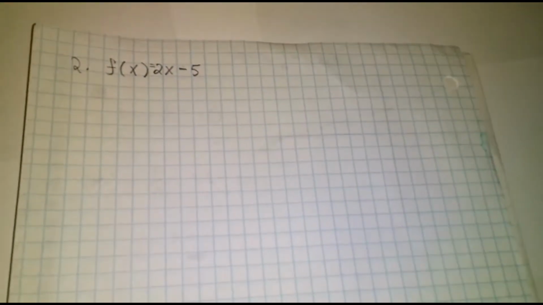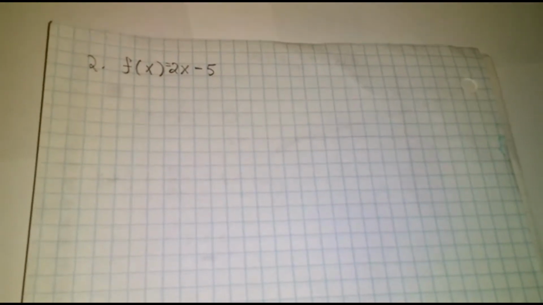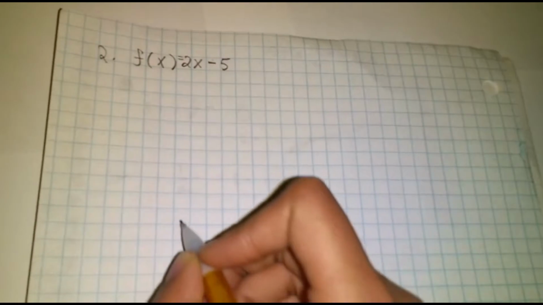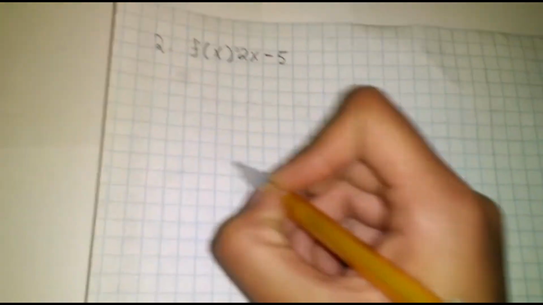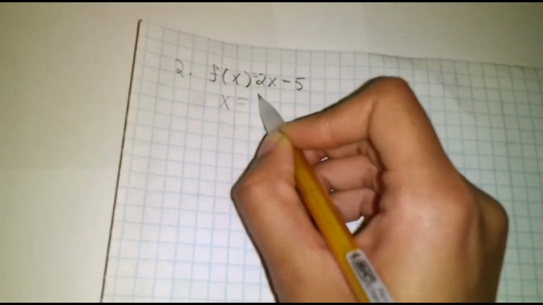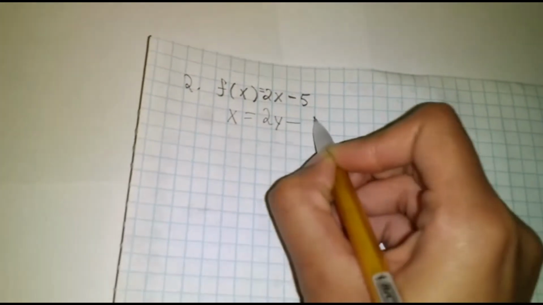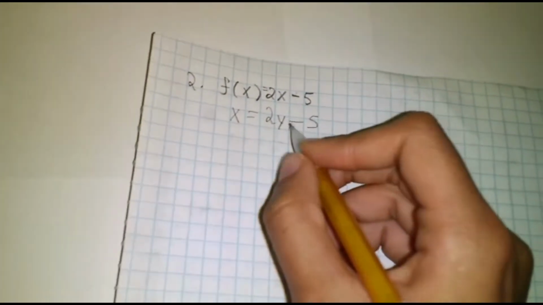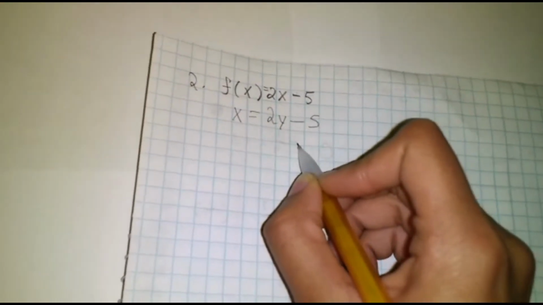In order to find the inverse function of problem number 2, you would switch the x and y values. So x would equal 2y minus 5, and then you would solve for y.